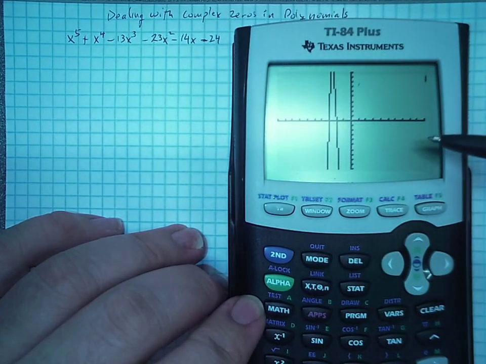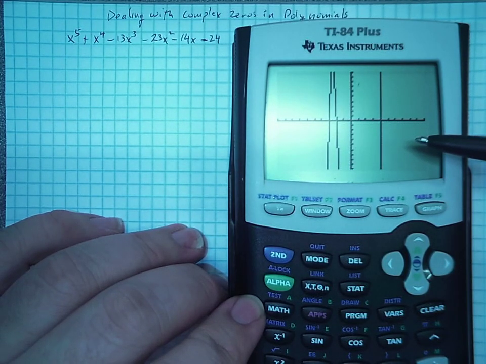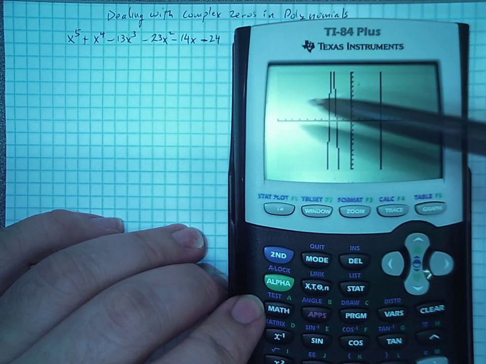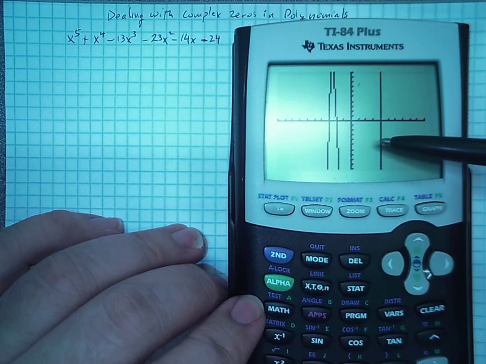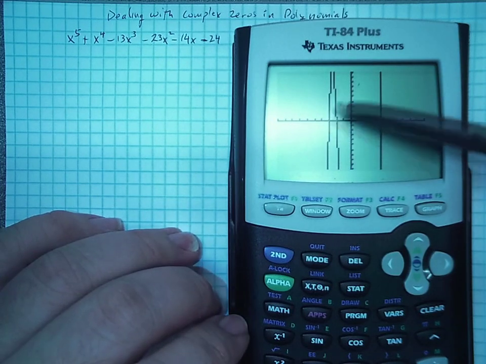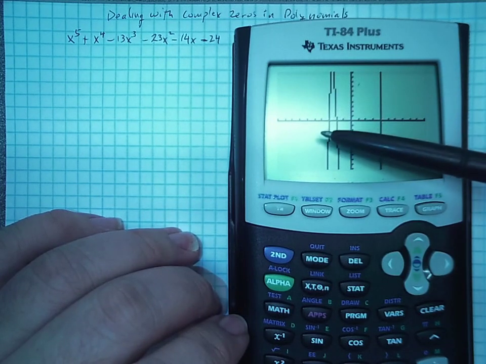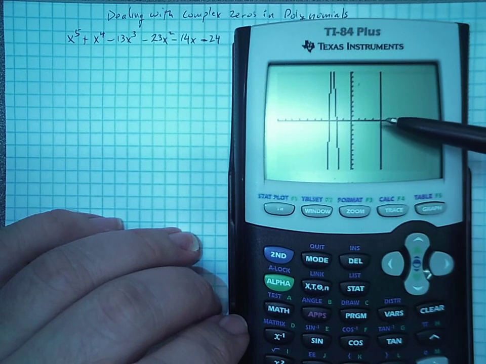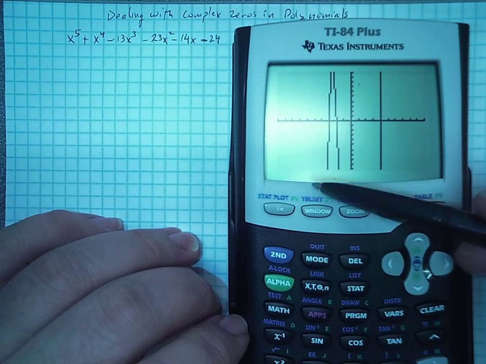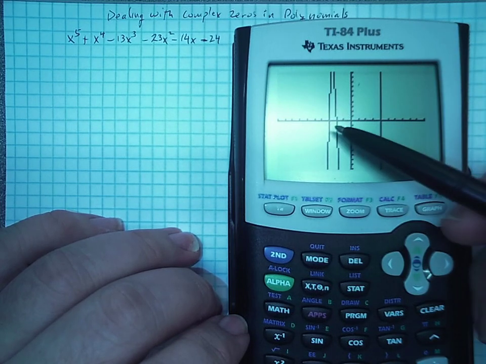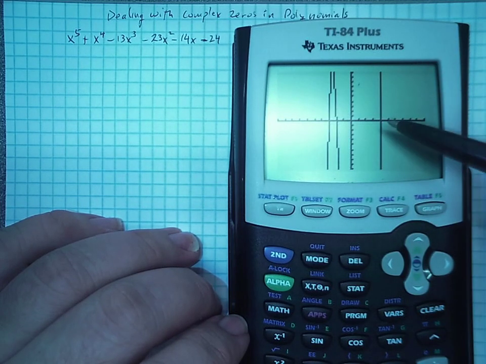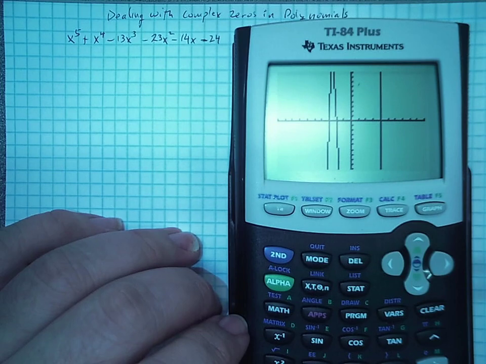Depending on the polynomial, you may need to widen your search, your x minimum and x maximum, to see all the zeros. But I can see 3 here. Looking at this, none of these bounce. These all cross the axis, which means these all look like they have multiplicity 1. I can't see the whole graph, but I don't need to, because all I need to look at is the zeros. Looks like 1 at -3, 1 at -2, and 1 at +4.